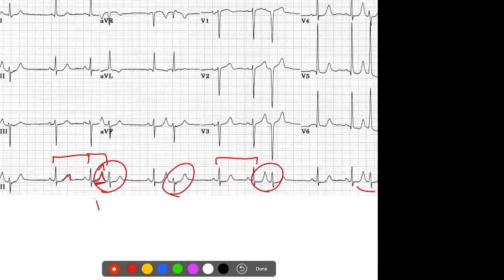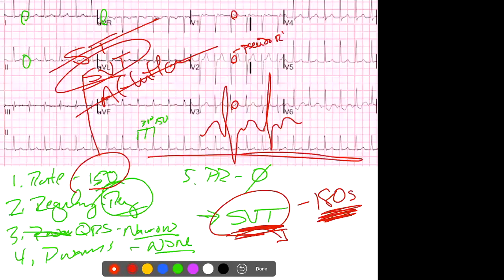So these are your PACs here. PACs are usually an occasional occurrence like this. Sometimes you may get a few in a row, but if it's constant like this, then basically you've got SVT.